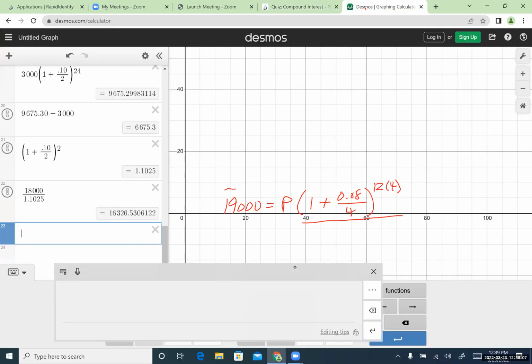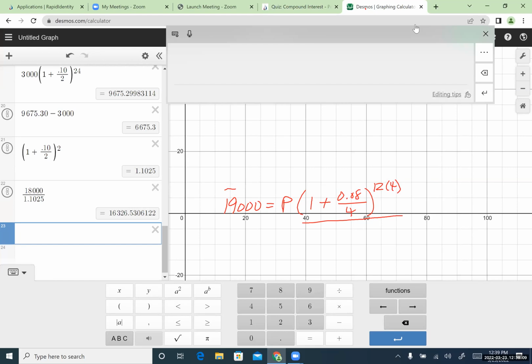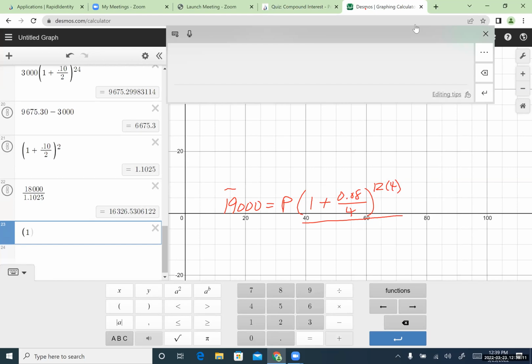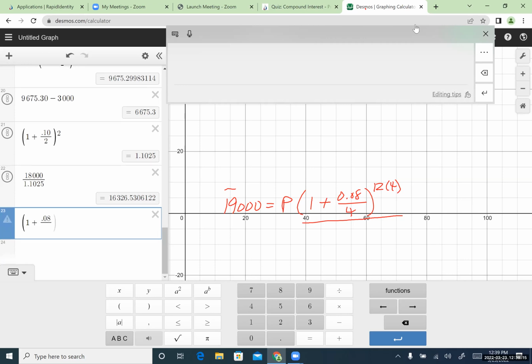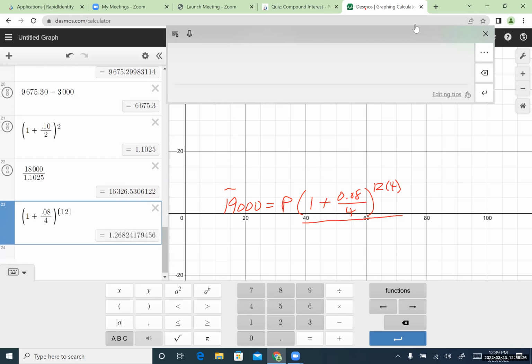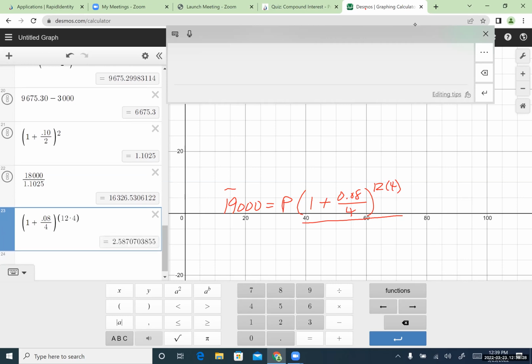So I get 1 plus 0.08 divided by 4 times per year. And I'm raising that to 12 times 4, which I get 2.587.